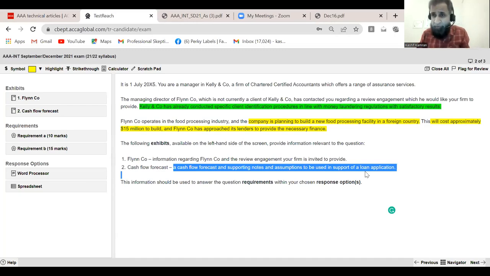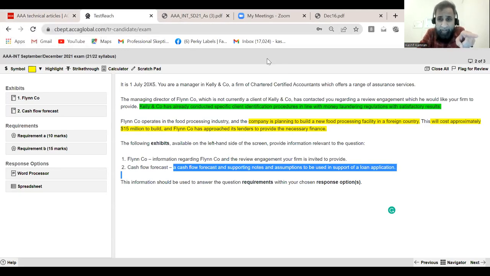Because the company is applying for a loan, they need to present a cash flow forecast. So you can conclude whether you want to accept the review engagement from Flynn Company or not. Are there any risk factors which you should consider when accepting the review engagement from Flynn Company?